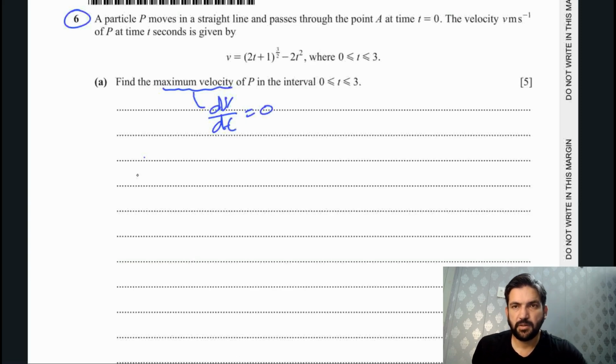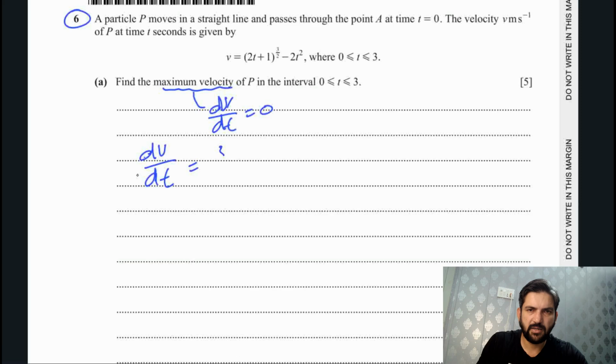So find the maximum velocity of P in the interval. So we need to find dv by dt. So dv by dt will be equal to 3 by 2 into 2t plus 1 to the power 3 by 2 minus 1, which is 1 by 2, multiplied by 2, minus 4t.